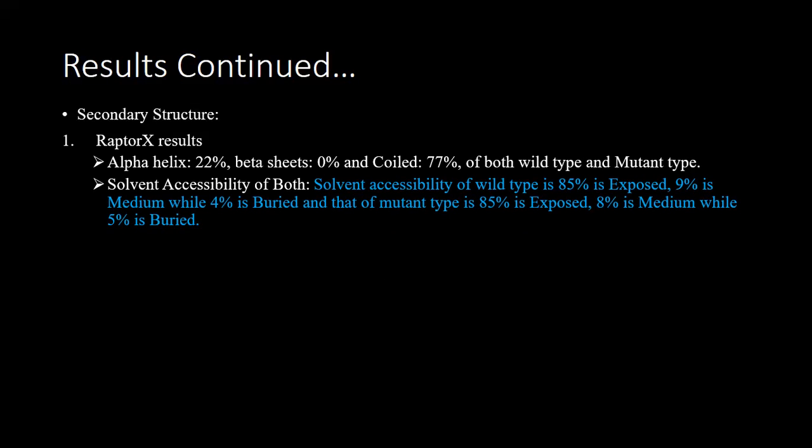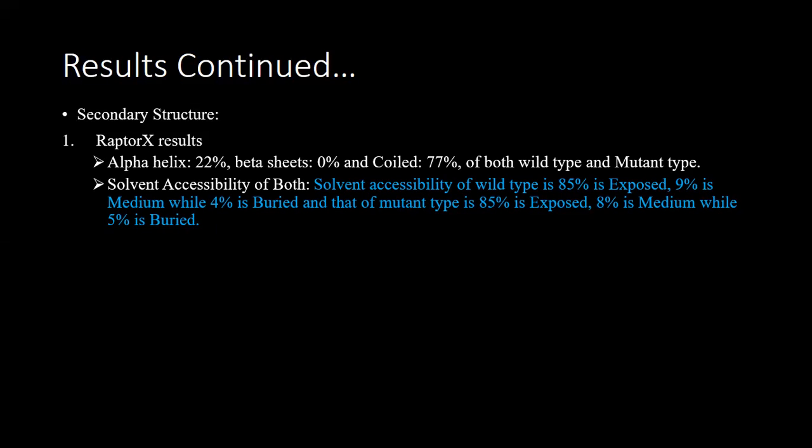The solvent accessibility of wild type is 85% exposed, 9% medium, while 4% is buried. This means what will be the effect if this gene comes in the tissue or in the skin.